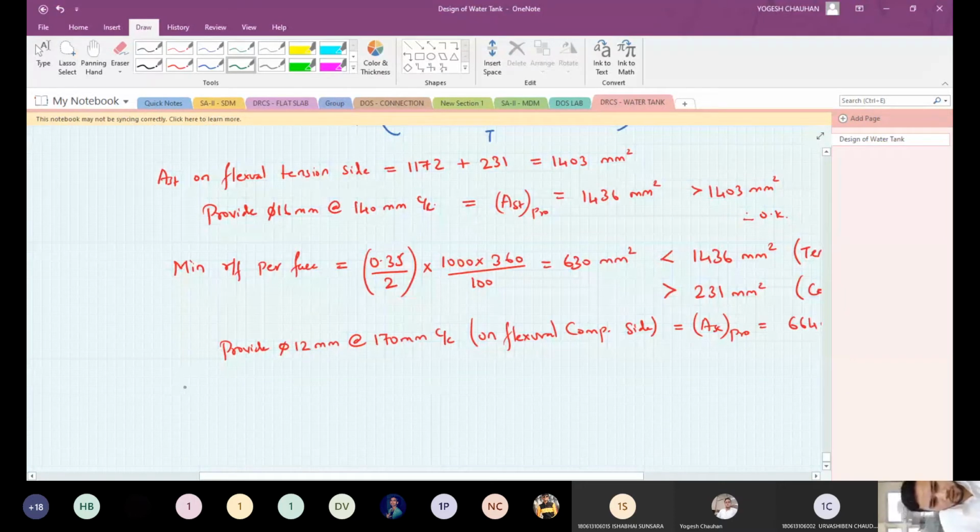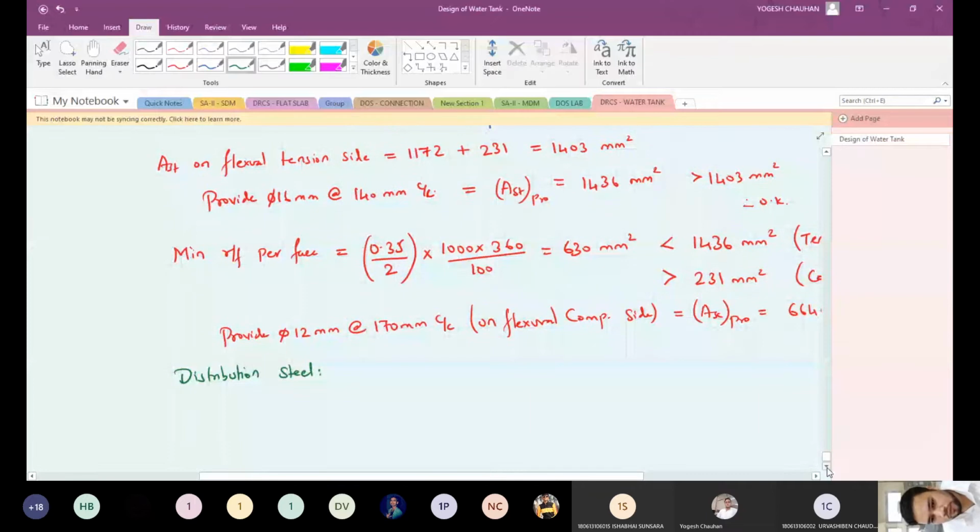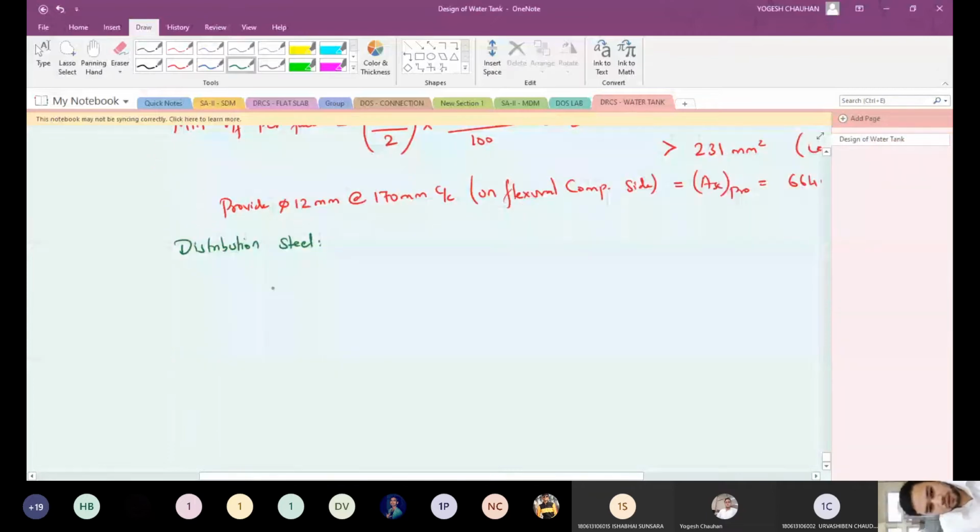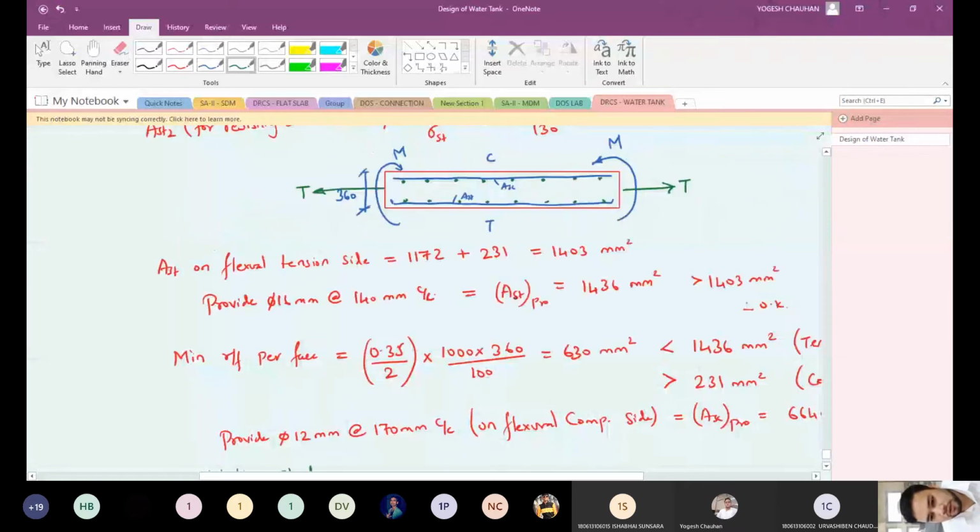So the minimum distribution bar requirement is this value, 630 mm square.